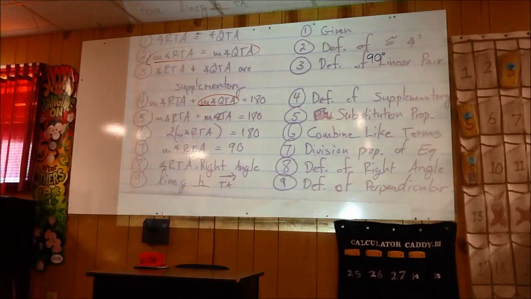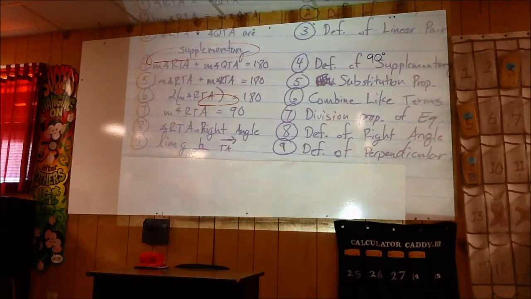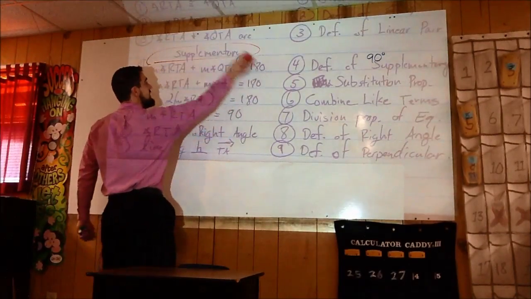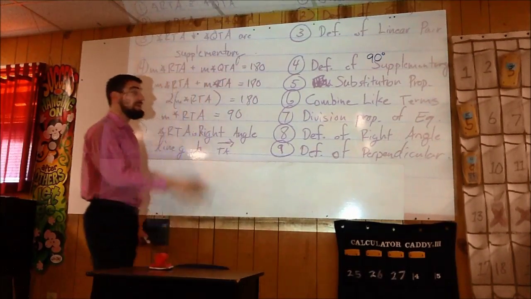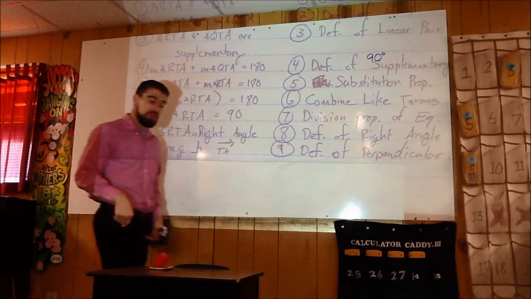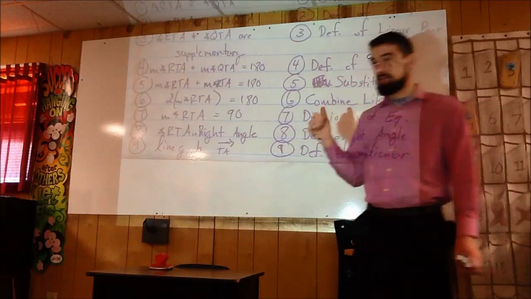So number 9 is just your proof statement. You're done. The reason is by the definition of perpendicular. You're going to use this. We did this last class when we proved that the diagonals of kites are perpendicular.